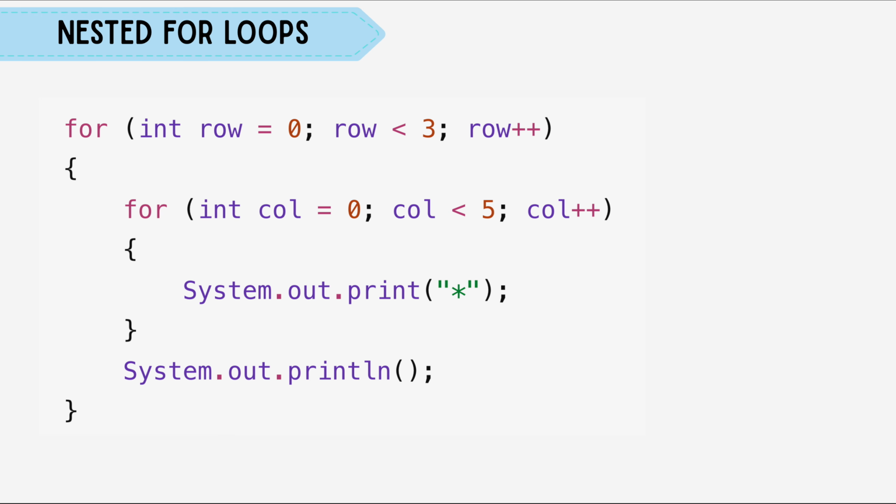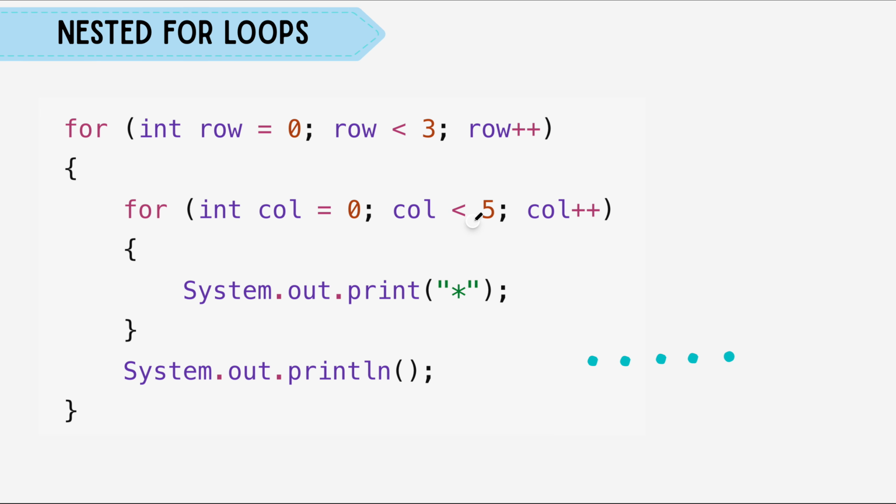Here's an example of a for loop. Let me help you solve this one. Okay, so first it's going to start at 0. Since it's lesser, it's going to run 5 times, so it prints 1 star, 2 stars, 3 stars, 4 stars, 5 stars.